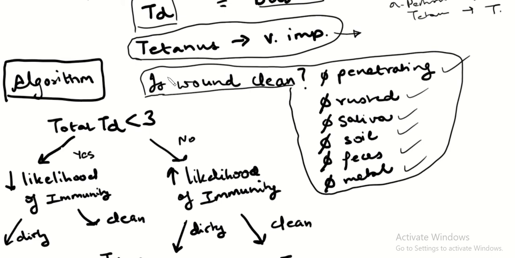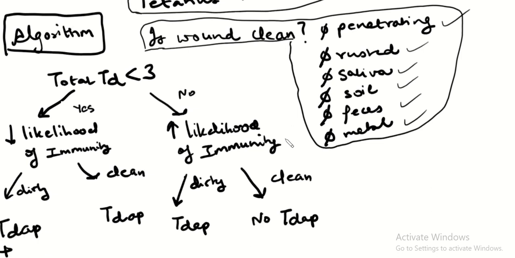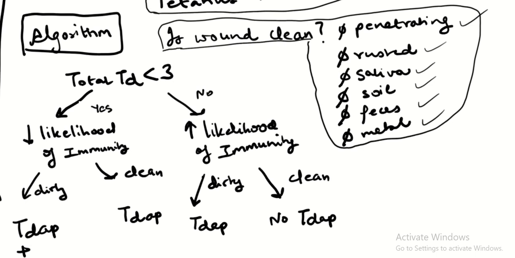If all of those things are true, then the wound is clean. If not, the wound is dirty. So was the wound penetrating, and did the object that caused the wound have contamination with rust, saliva, soil, feces, and was it a metal? If the answer is yes, the wound is dirty. Okay. So now you know if the patient coming in has a dirty wound or a clean wound.